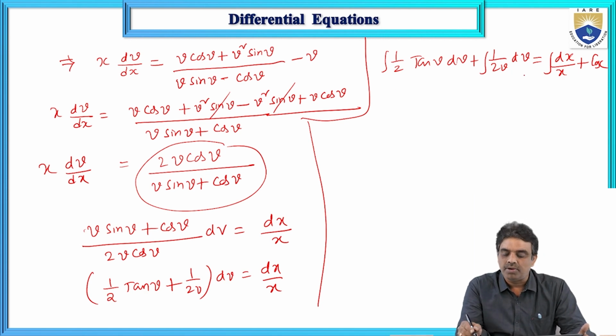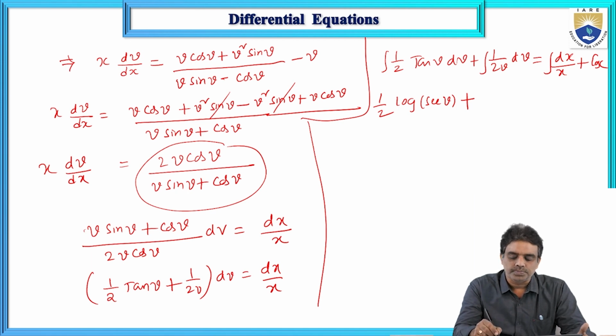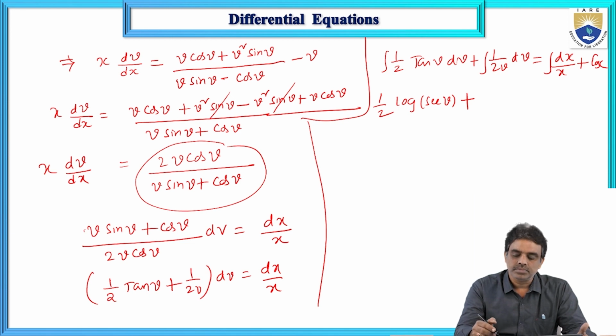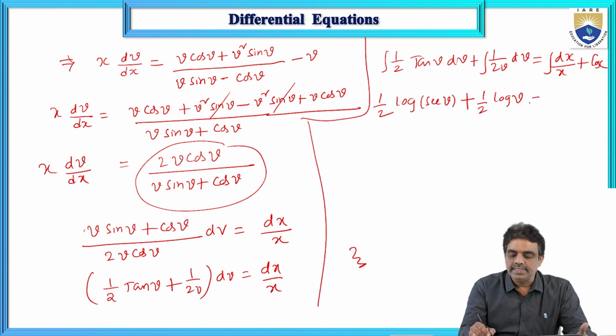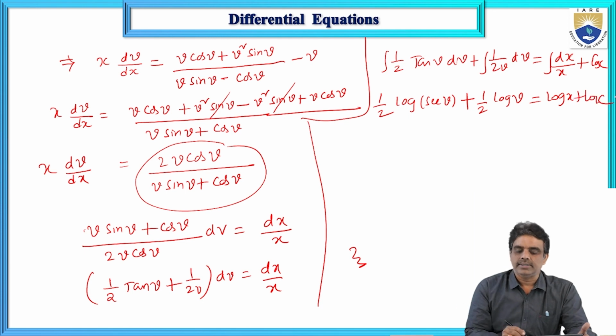So half into integral of tan v, that is log secant v, first integration term, plus 1 by 2 of log v is equal to, on the right hand side, log x plus log c.